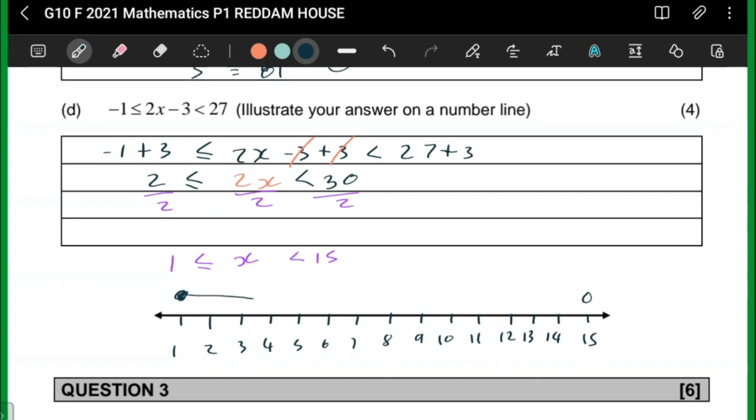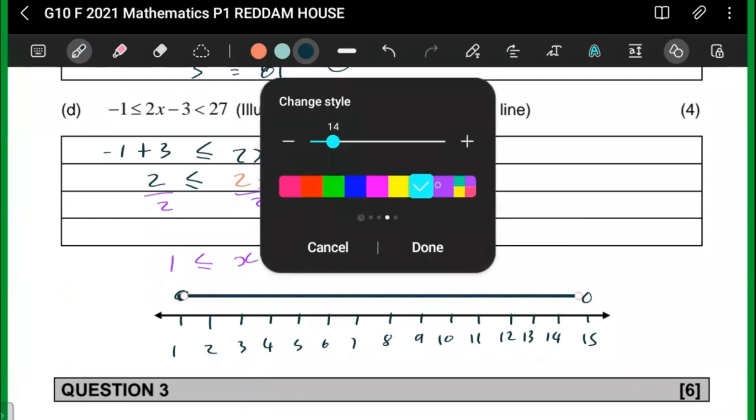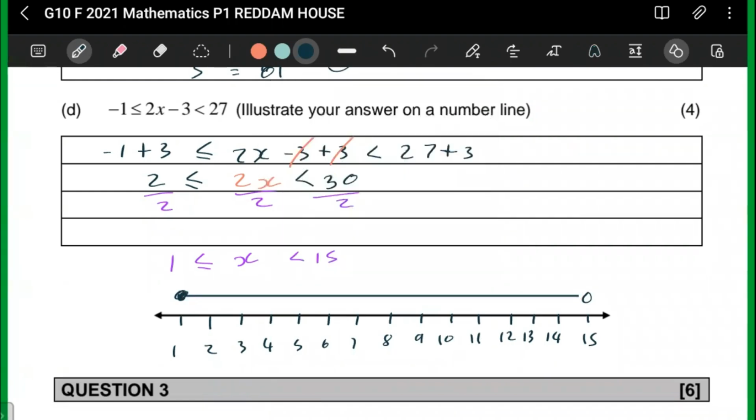And then you just join those 2 dots with a ruler, obviously, if you have one. But in my case, let's see if I can even draw a straight line here and it will allow. Ooh, yes, it will. So quite interesting, but okay, we'll take it.